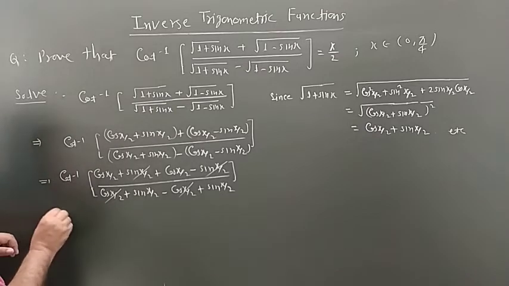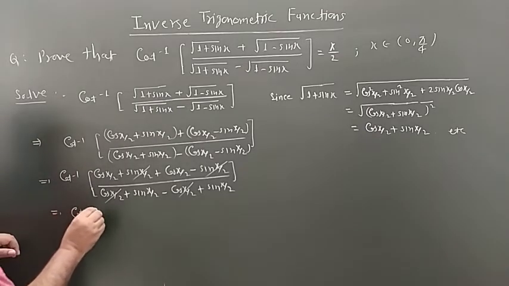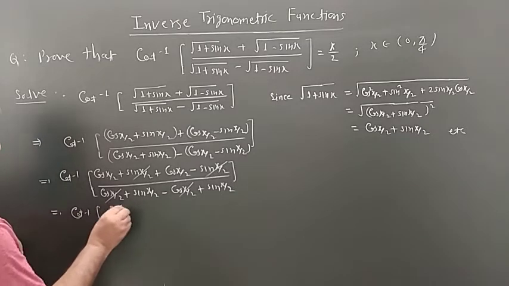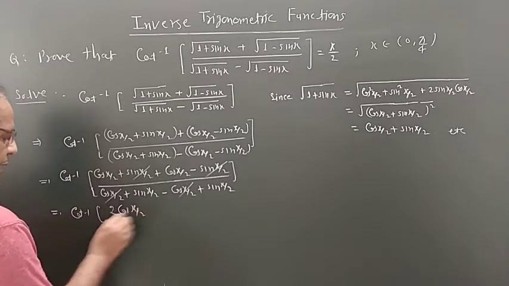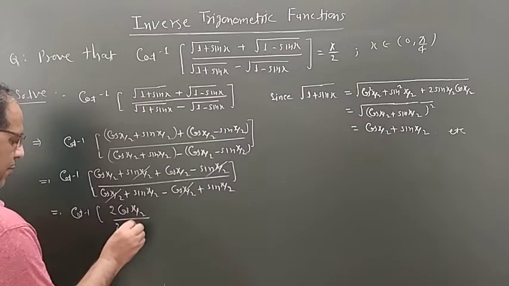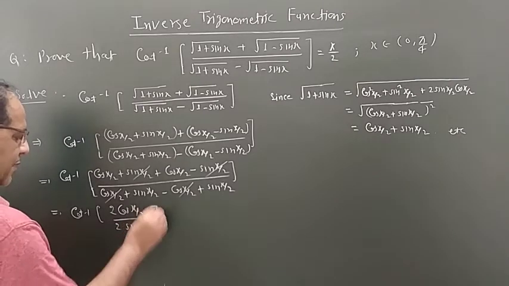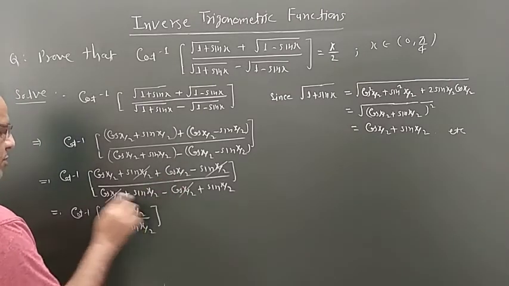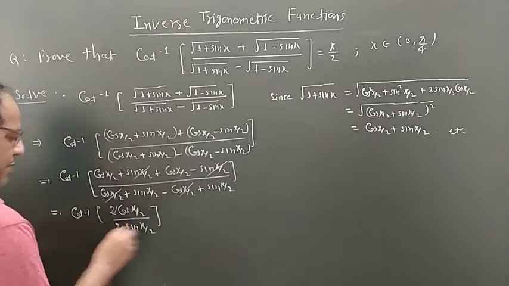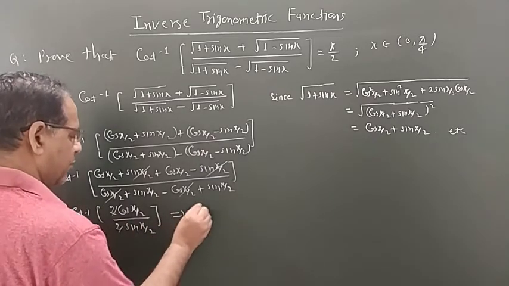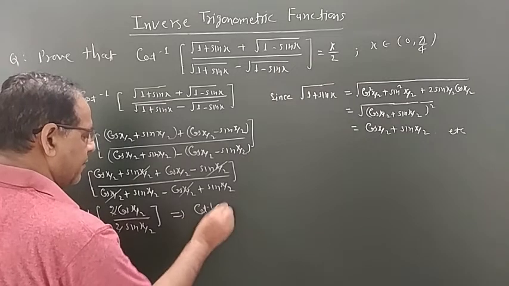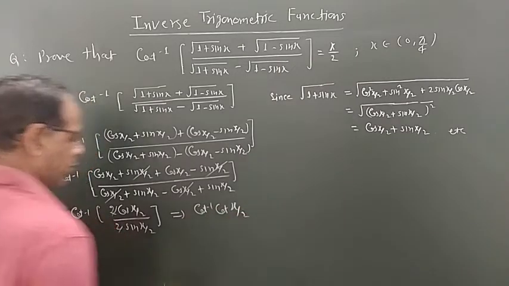Now we have only cot inverse of 2 cos x/2 upon 2 sin x/2. Cos and cos, 2 cos, sin and sin, 2 sin. 2 and 2 cancel out. So we have only cot inverse of cot x/2.